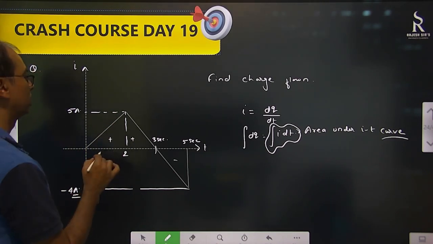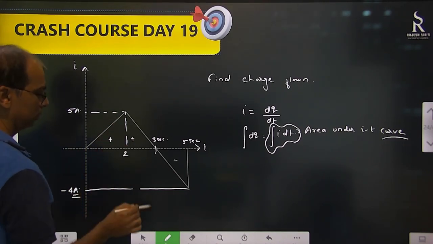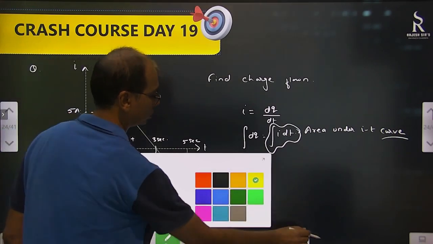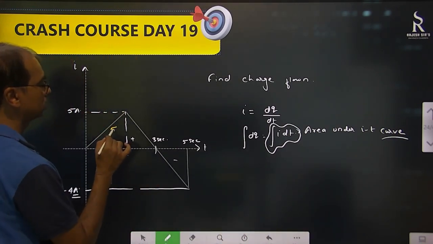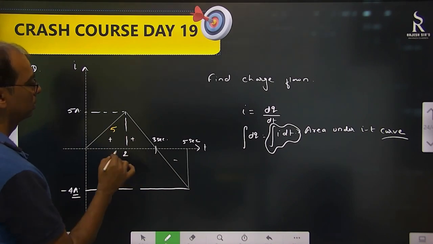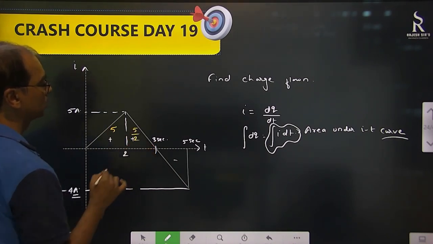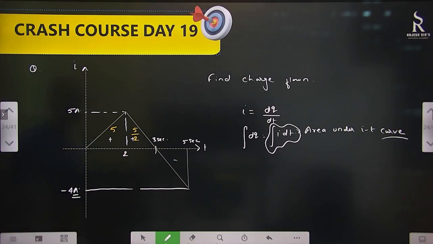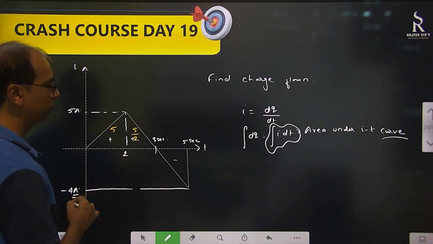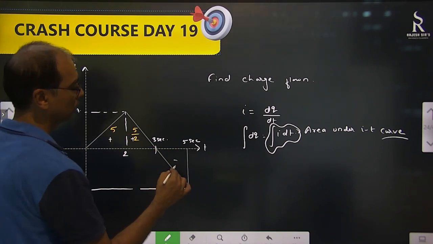So this is a triangle, half base into height. This is 5 by 2. Then this one is 4.